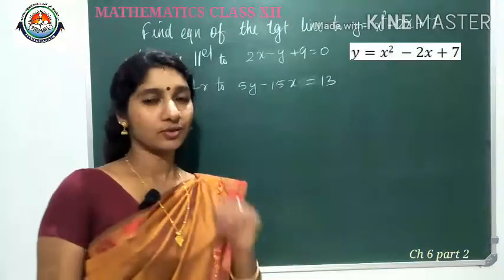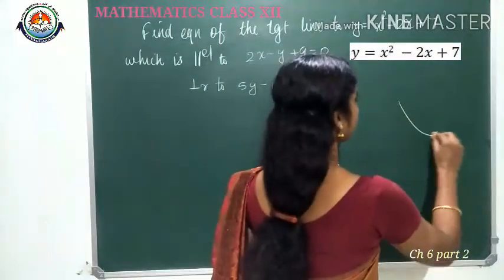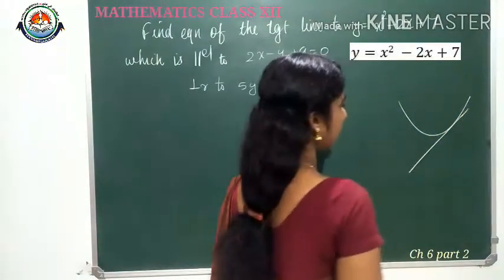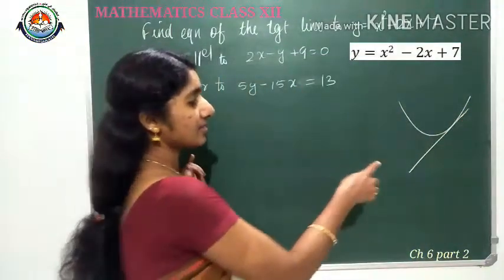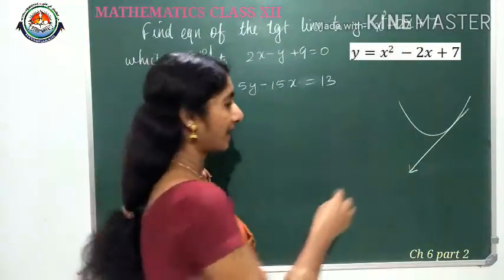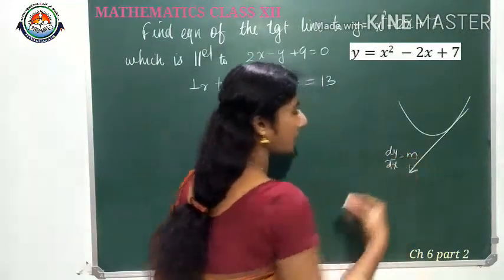Okay. So we have one curve, like this. We need to find the tangent at any point on the curve, and this tangent line's equation we need to find. We know its slope is dy by dx.